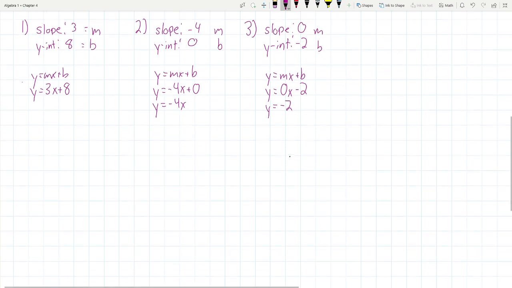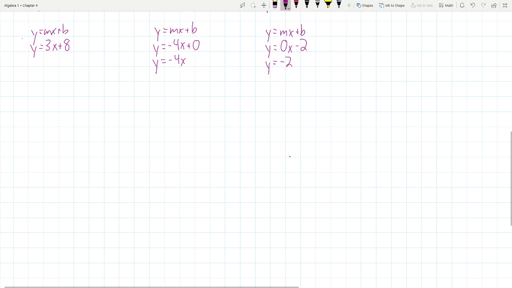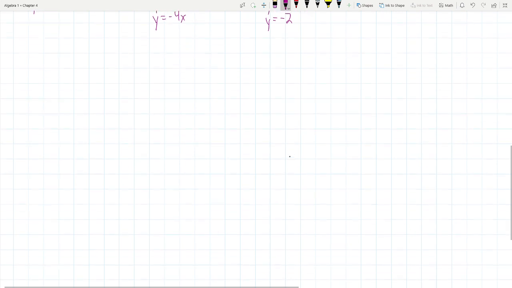And just as a little reminder, slope is m. And the way that we find a slope, or m, is the rise over the run. So y2 minus y1 over x2 minus x1.